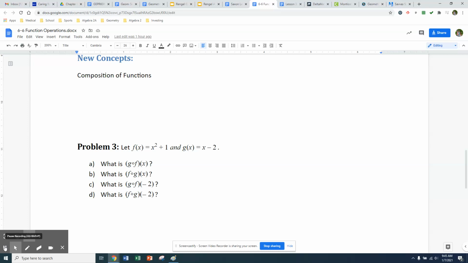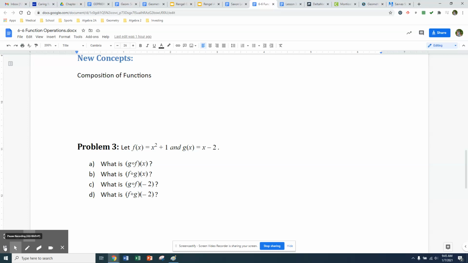So heading down to problem A, we've got two function rules. We've got f of x is equal to x squared plus 1, and then we've got g of x is equal to x minus 2. So first off, I'm going to find g composed of f of x. The first thing I am going to do, though, is rewrite that in the alternate form.